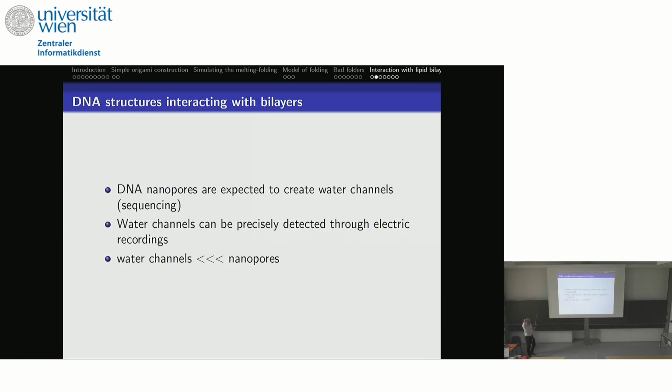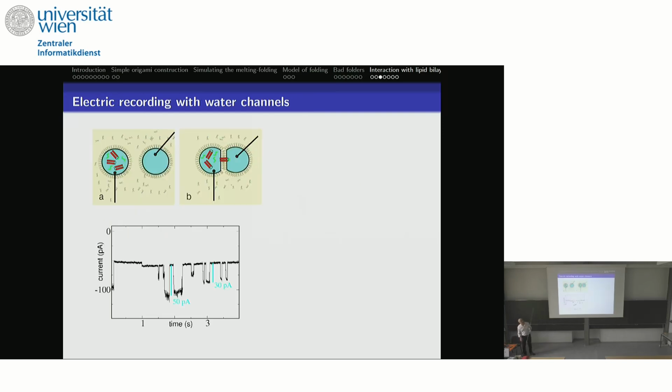The idea behind this is that we expect this structure just to bind to the bilayer and then create a water channel. What interested me in this field is that the number of water channels that you get is much, much less than the number of nanopores. And I wanted to see why that is.